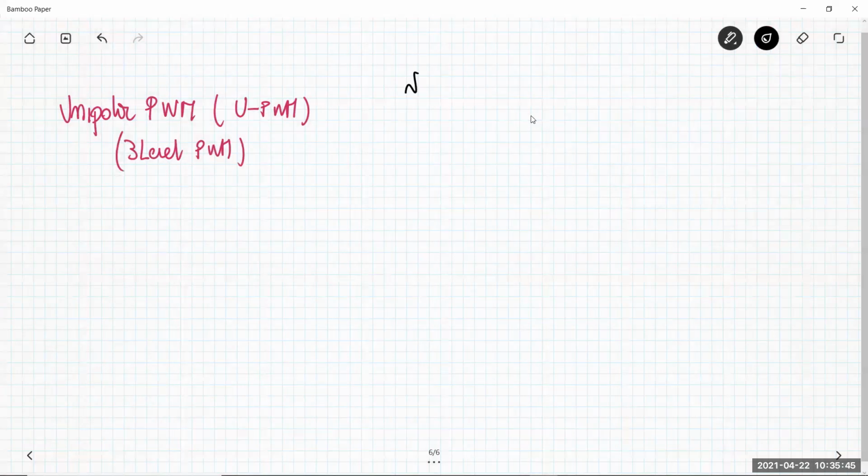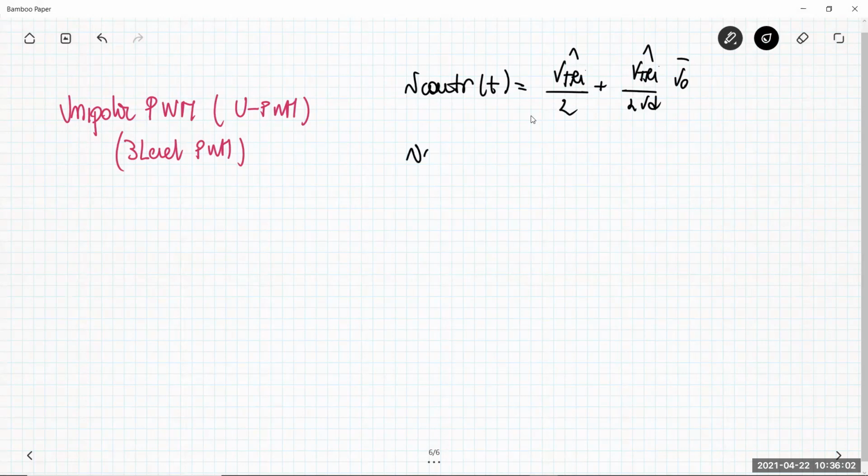You have that V control is this one, and this is the control voltage of the leg A. The V control of the leg B is derived from the overall control voltage.